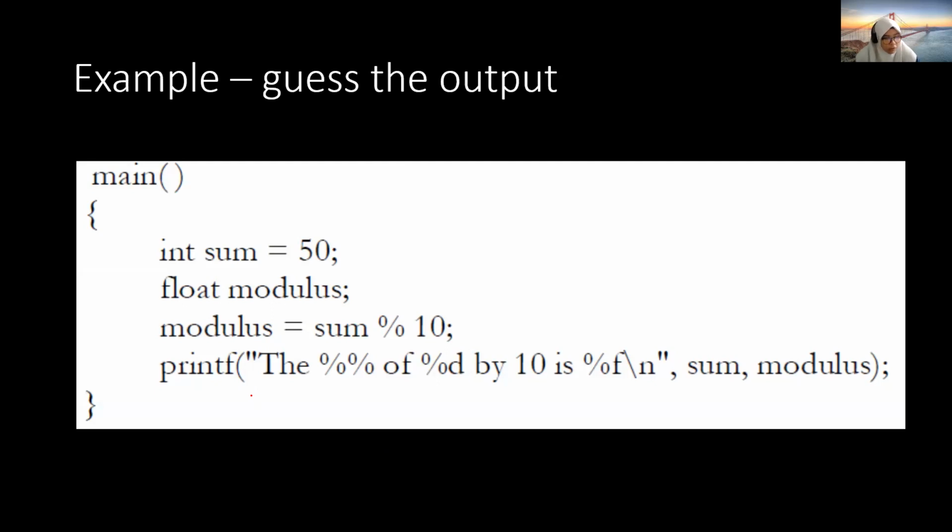Let's say this one, modulus sum is divided by, okay. Modulus right here is a float. The data type of modulus is a float. Okay, and you can see how it is printed for output. The modulus of %d by 10 is %f, sum and modulus.